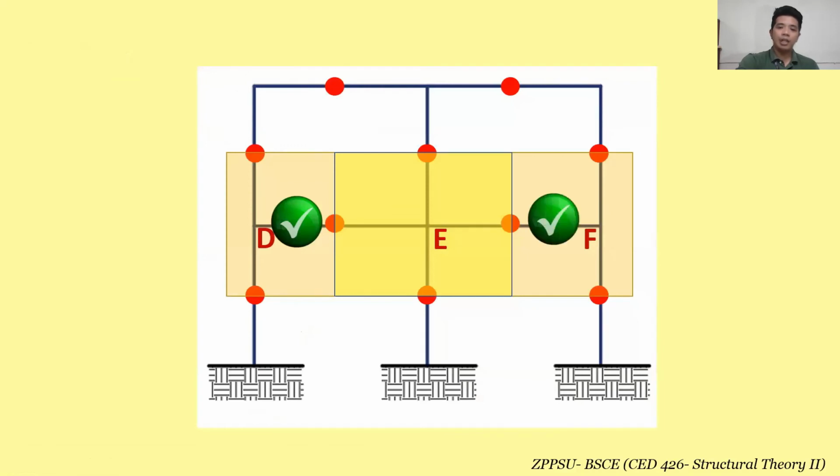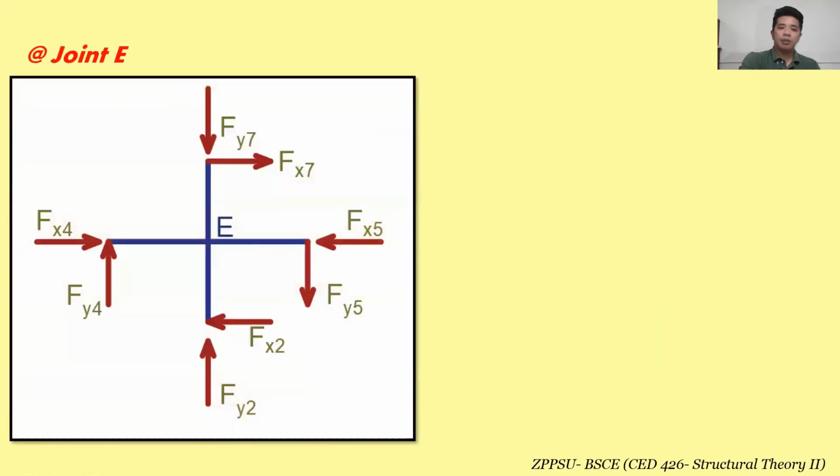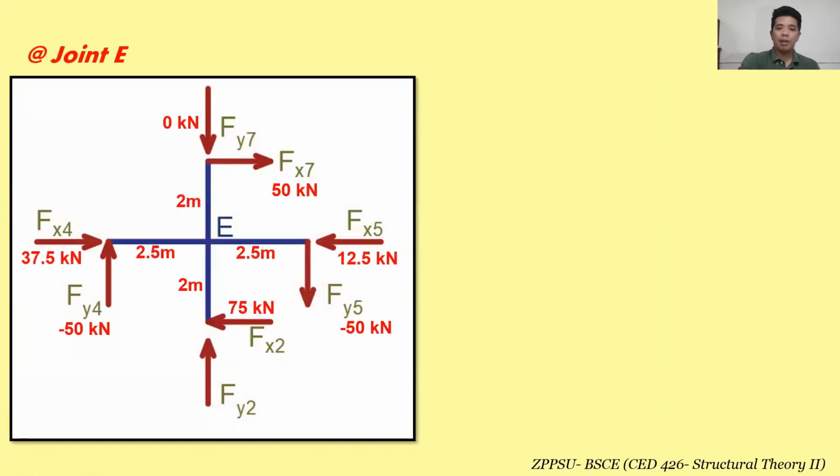So ang susunod na is joint E, last. So meron na ako nitong joint, meron na ako nito, meron na ako nito. So finally, isa na lang ang kulang ko dito. Kasi meron na tayong lateral force dito from the interior-exterior columns. Yung Y na lang ang wala. So madali na lang. So at joint E, as you can see, lahat na meron na. Ang wala na lang is the Fy2.